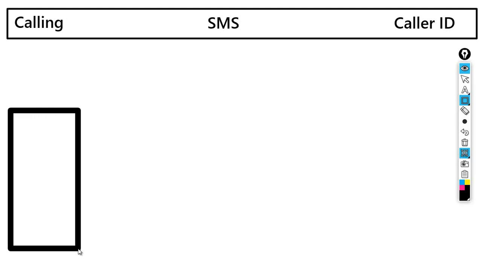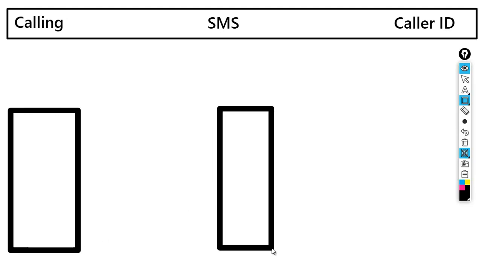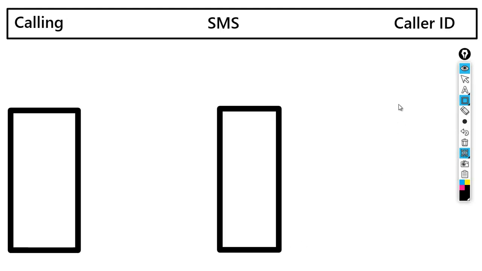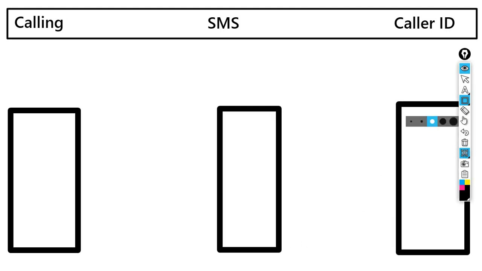Now suppose I'm having this phone, and you are having this phone, and a third person is having this phone. The first phone is from the brand Motorola. The next phone is from the brand Apple. And the third phone is from the brand Samsung.